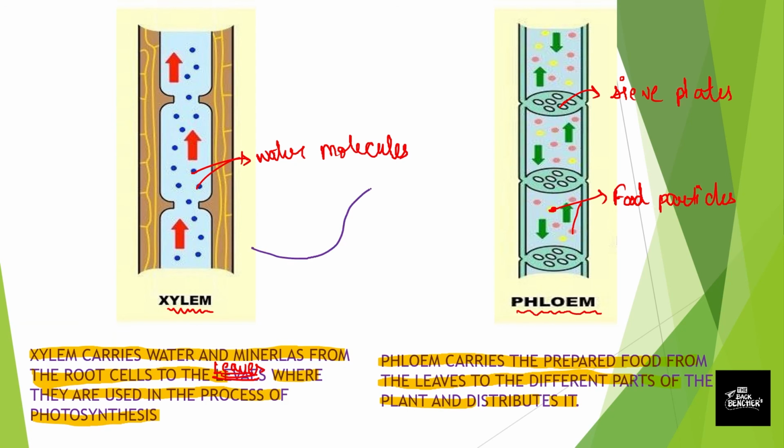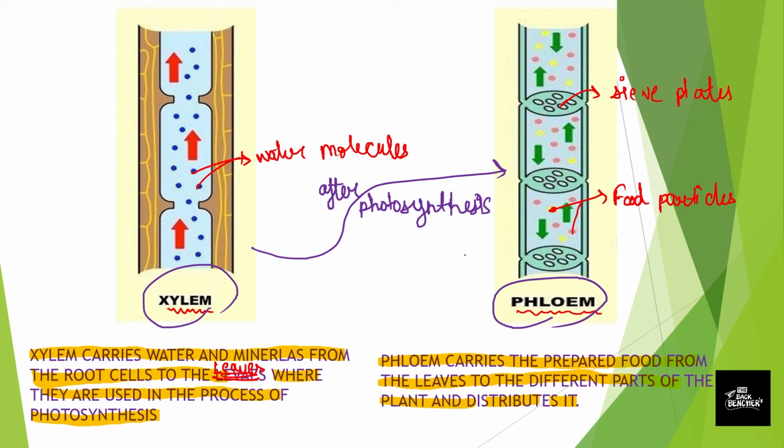The action of phloem takes place after photosynthesis. For photosynthesis to take place, xylem is helping, and after photosynthesis, it's phloem's work. Phloem carries the prepared food from the leaves to the different parts of the plant and distributes it evenly. Distribution.